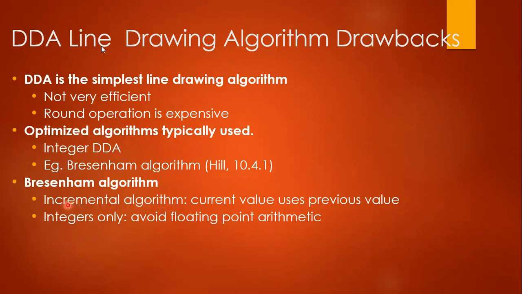This is called an incremental algorithm. And it uses only integers, which means you are avoiding floating point arithmetic in Bresenham's algorithm. Calculation of floating point values takes more time, so that is one of the drawbacks of the previous algorithm we studied, the DDA algorithm.